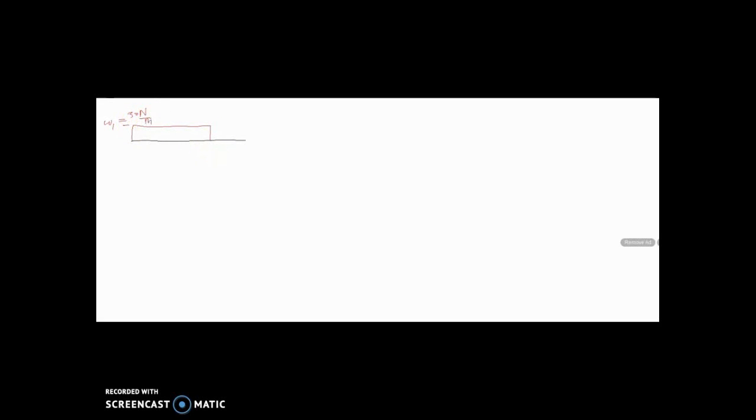The second distributed load system has the shape like this, with the function W equal to 50 Newton per meter.